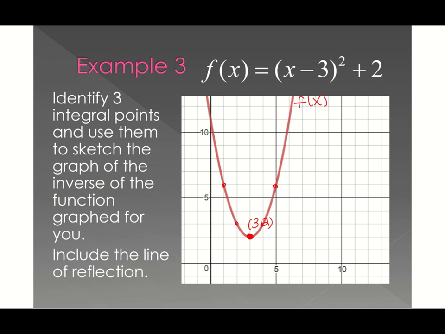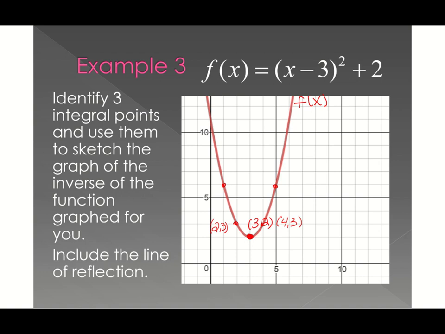So if I picked the next 2 nice points, I would be at 2, 3, and I would be at 4, 3. So if I were to take each one of these points and switch my x and y, that would be my inverse.